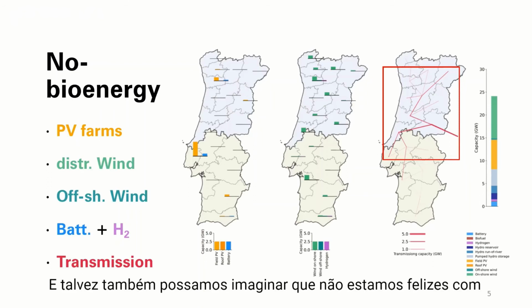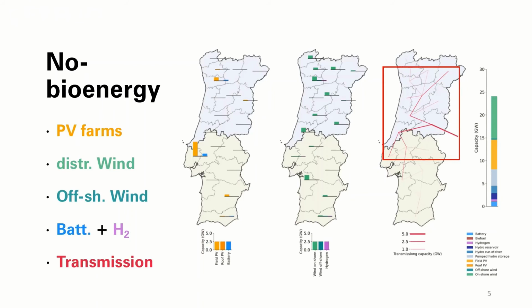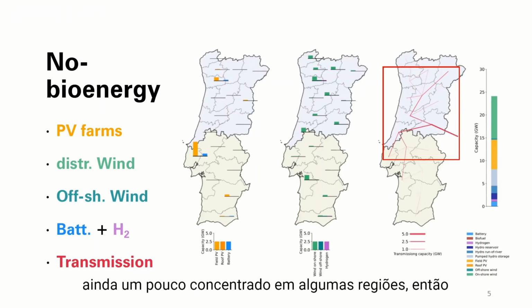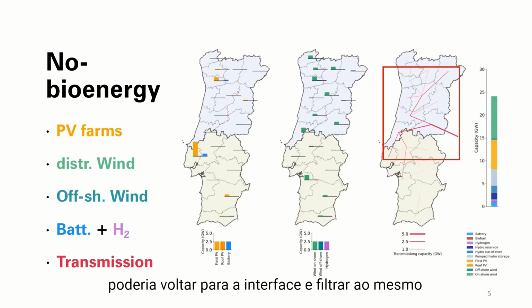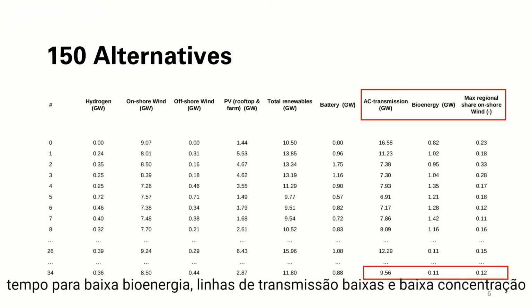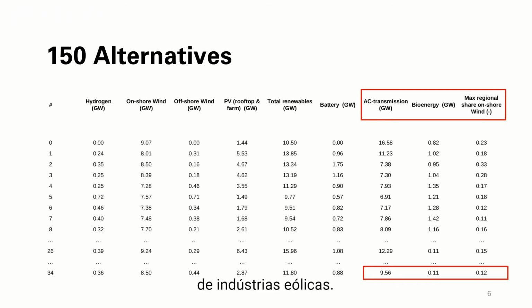And perhaps we can also imagine that we are not happy with transmission lines being still expanded a lot and with wind farms being still a bit concentrated in a few regions. So we could go back to the interface and filter at the same time for low bioenergy, low transmission lines, and low concentration of wind farms.